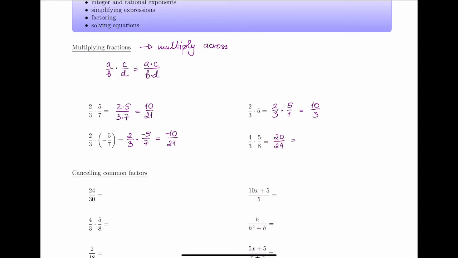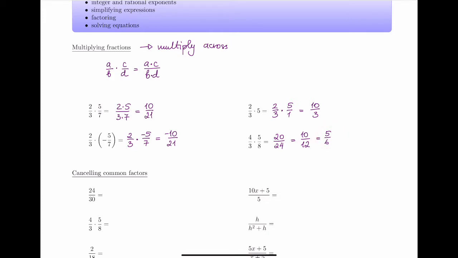So for example, we can divide everything by 2, so this will be 10 and 12. And then we can notice that 10 and 12 still have a common factor of 2. We can cancel that out to get 5/6. Now that 5 and the 6 don't have anything in common, this is the simplest expression that this fraction can be.